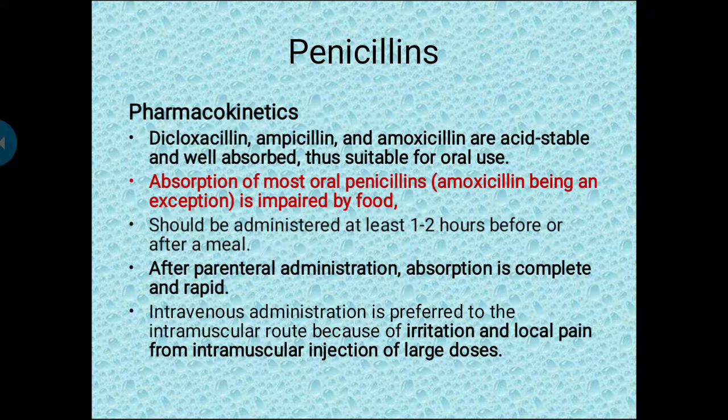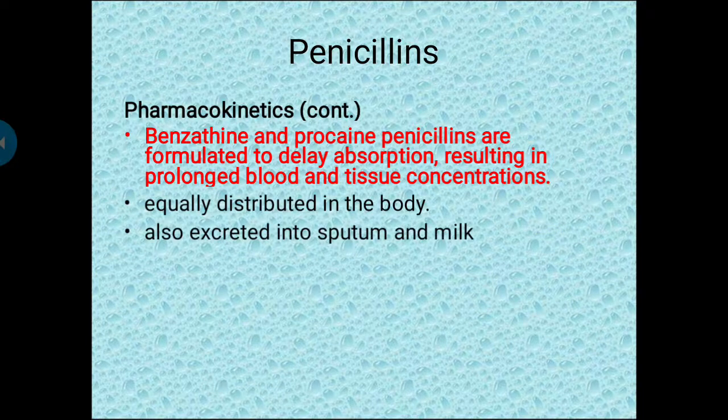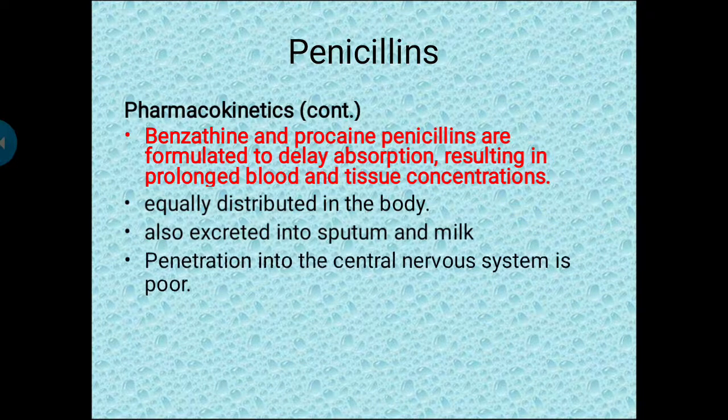After parenteral administration, absorption is complete and rapid. Intravenous administration is preferred to the intramuscular route because there is irritation and local pain after intramuscular injection. And I have discussed that benzathine and procaine penicillin are formulated to delay absorption, resulting in prolonged blood and tissue concentration, equally distributed in the body and also excreted in the sputum and milk.